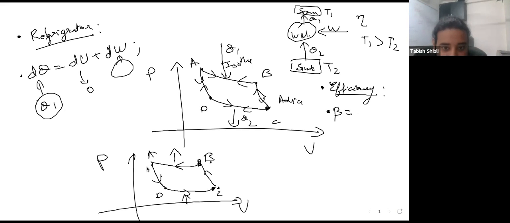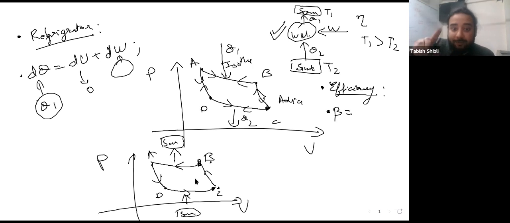सो ये जो जा रहा है ऊपर, इस सोर्स को जा रहा है, और नीचे जो आ रहा है वो सिंक से आ रहा है. इस प्रोसेस में क्या हो रहा है? वर्क डन हो रहा है. So if you calculate the work done in this process, it will essentially be the negative of what you get here, right? And that negative sign essentially is talking about work being done on the system or by the system.